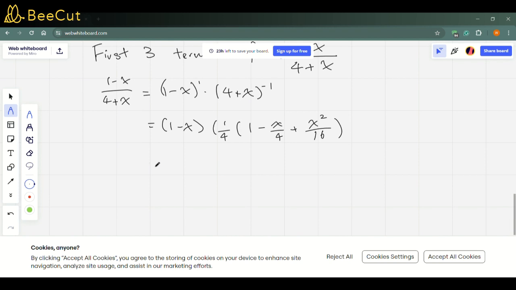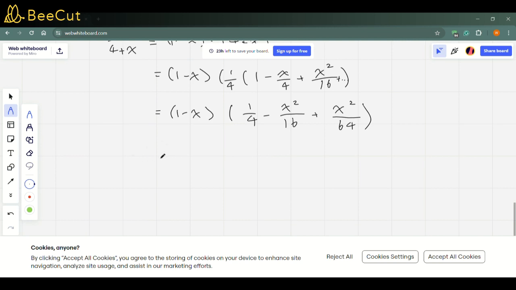So this does technically continue on forever, but we don't really care about the terms after that. So what we're left with is 1/4 times 1 minus x, times 1 minus x over 4 plus x squared over 16.